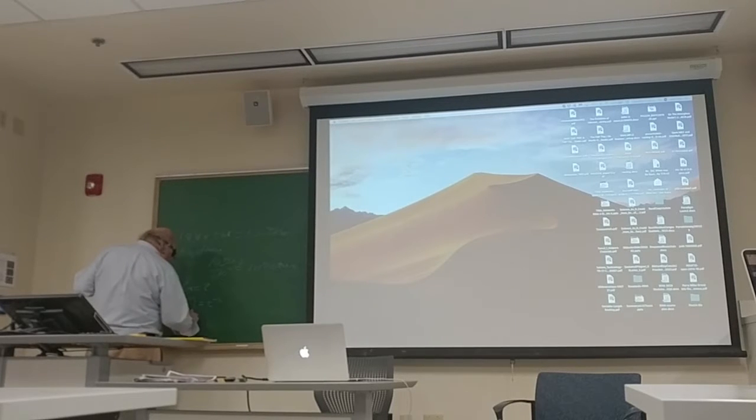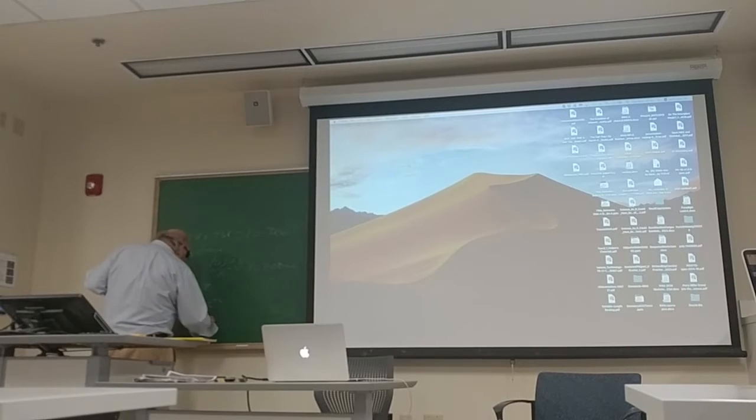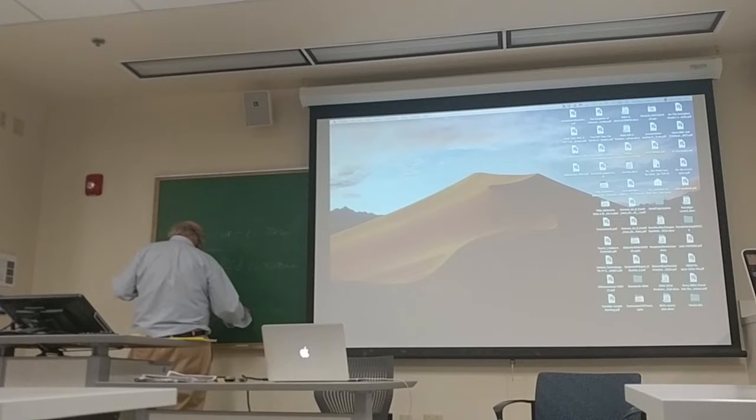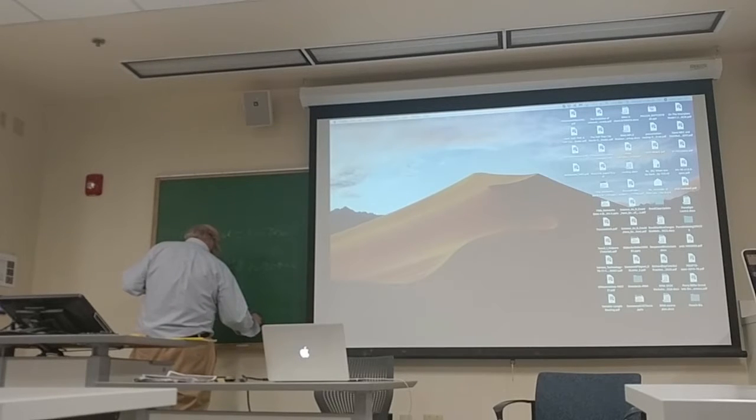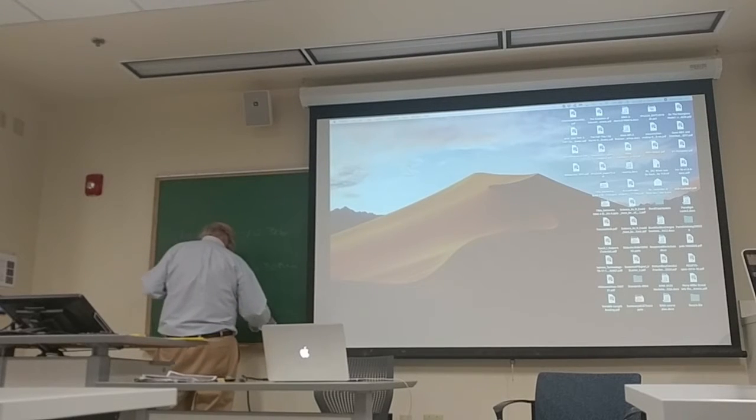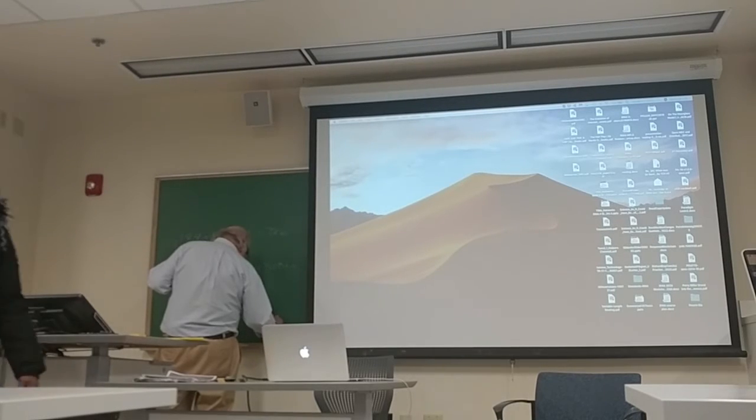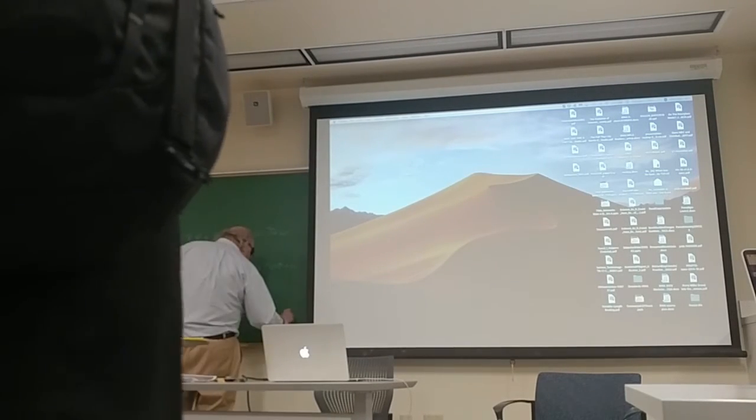Then you're going to have that this is going to equal (1 - e^-G)^k times e^-G, the number of attempts, which works out to essentially 0.135 times 0.865.